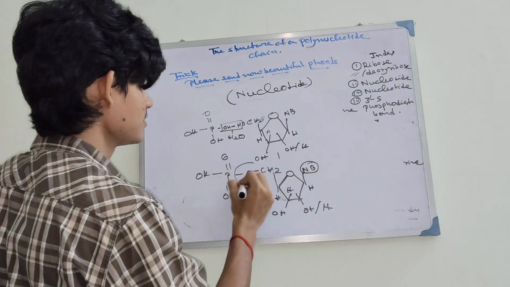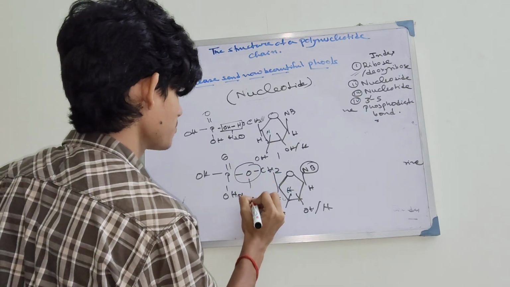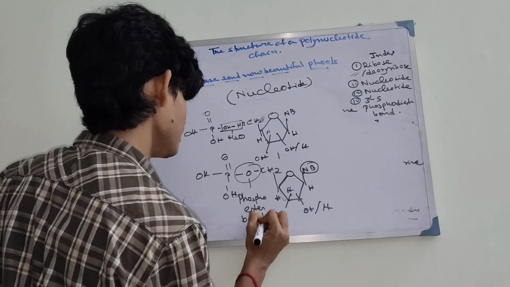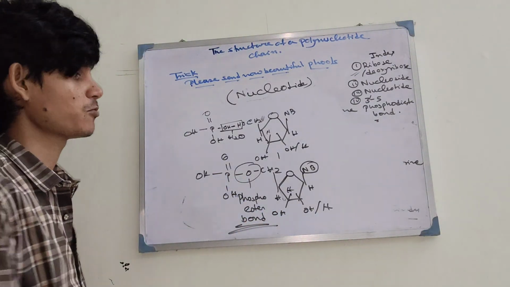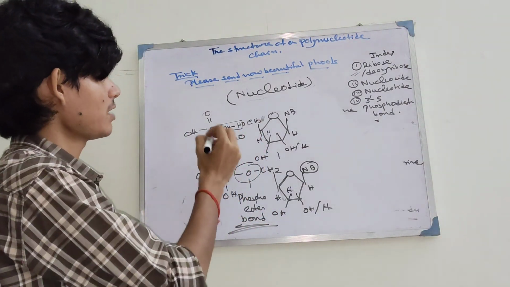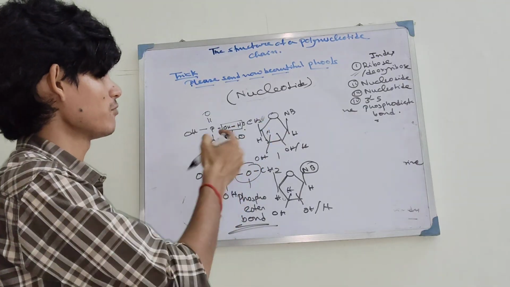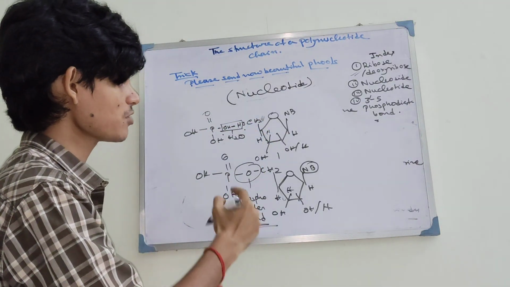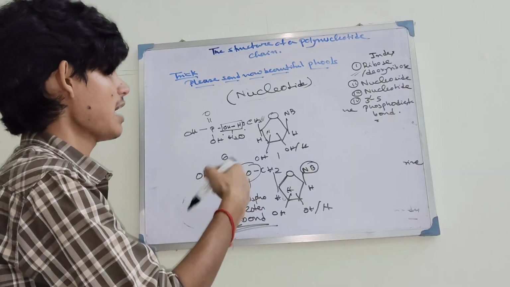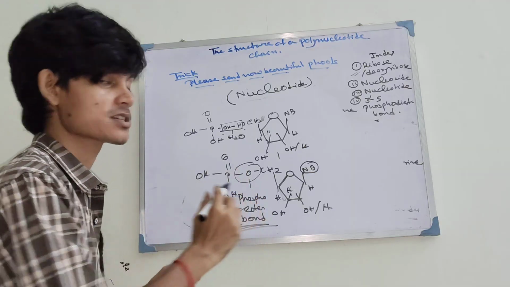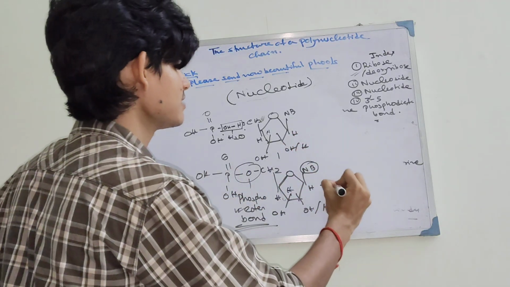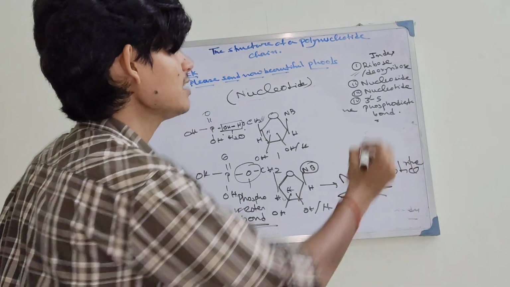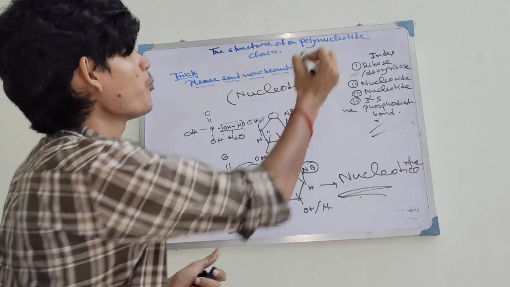This bond is called a phosphoester bond. An ester bond is formed when an acid reacts with an alcohol. Phosphoric acid reacts with CH2OH, thus it is an ester bond, and as phosphate is associated, it is named phosphoester bond. Okay, so this structure is called a nucleotide. It is clear.